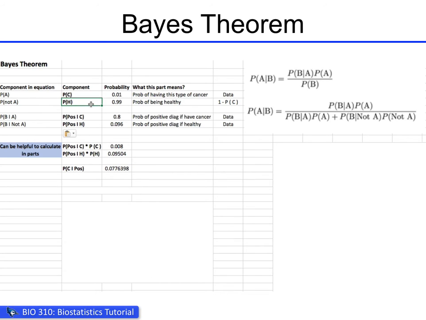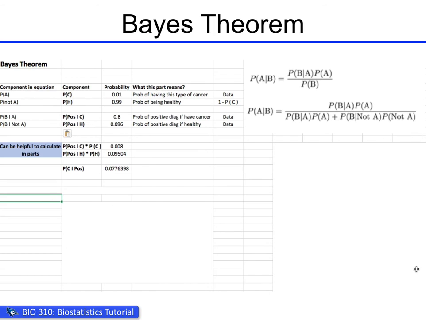The probability of being healthy would be the probability of not A. The probability of receiving a positive diagnosis if you have cancer would be the probability of B given A. And the probability of receiving a positive result if you're healthy would be the probability of B given not A. Okay, so this is how we calculate this.